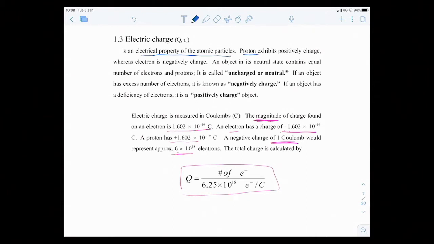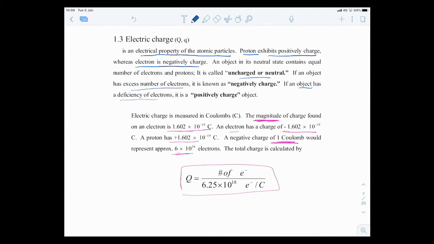Proton, as I said before, exhibits positive charge, whereas electron is negatively charged. If an object has an equal number of electrons and protons, it's called uncharged or neutral. But if an object has an excess number of electrons, we say it's negatively charged. If the object has a deficiency of electrons, we say it's a positively charged object.